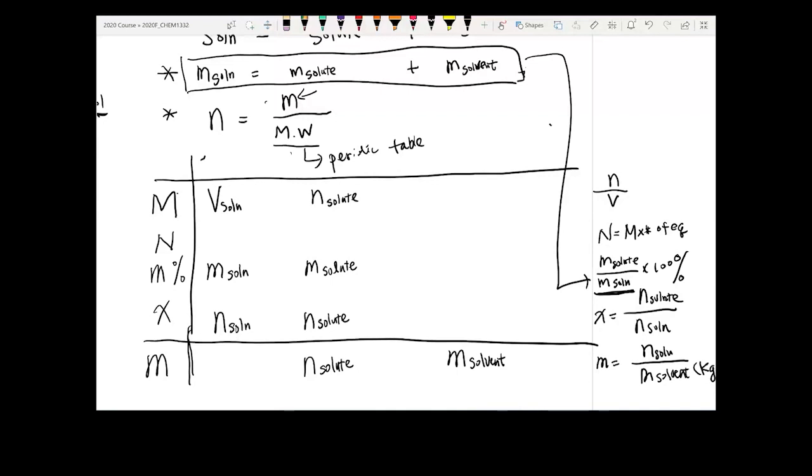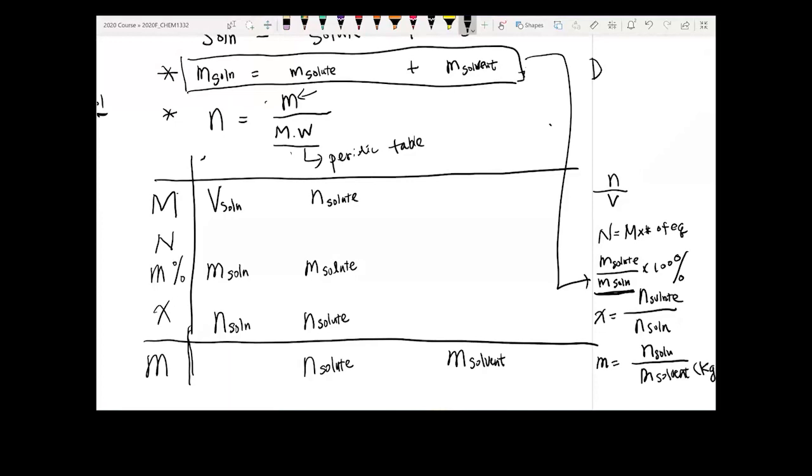To convert between the different concentration terms, that requires another equation, density equals mass over V. Let me rewrite this again so you don't get confused.